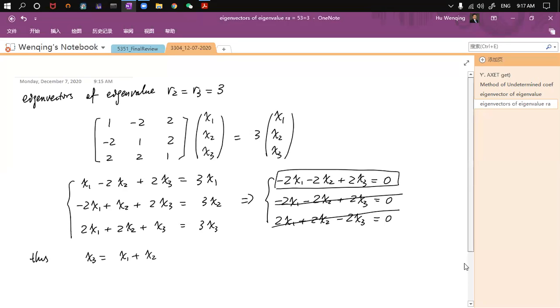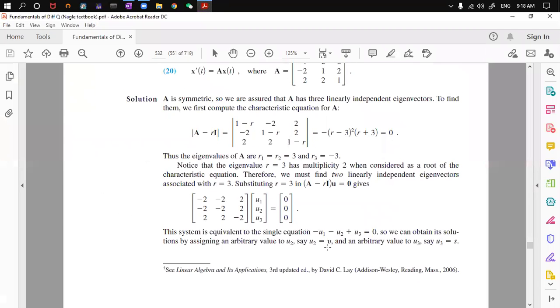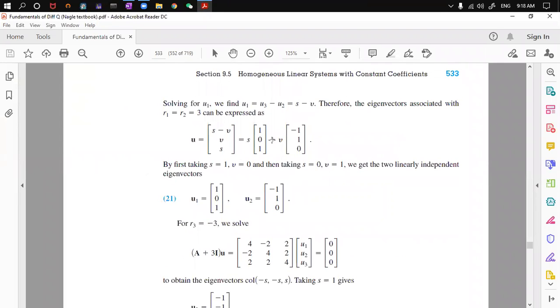So we want to find two eigenvectors. That means x can be equal to, since x1 plus x2 is x3, let's say 1, minus 1 and 0. And then the next vector can be 1, 0 and 1.